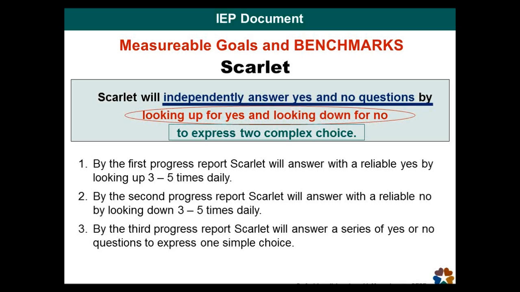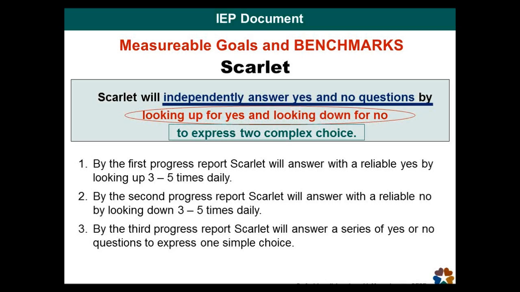That should be choices, not choice. Okay. So what's the target behavior? The target behavior is she's going to look up for yes and look down for no. And the condition is she's going to be doing it independently by answering yes and no questions. Okay? And how are we going to know? Because she's going to be expressing two complex choices.